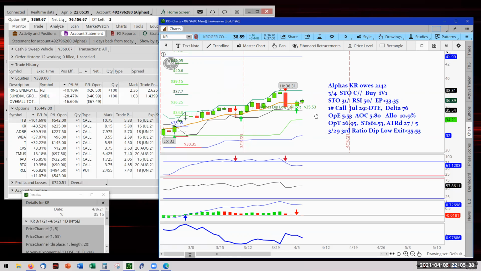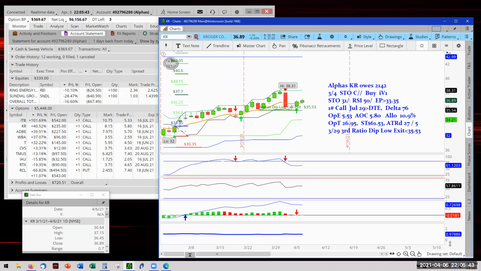Now, on the buffer, it gets a little bit subjective. It becomes discretionary. Rockwell likes 1 penny. Some of my instructors like 10 cents. Some of my instructors go off 10% of the ATR.